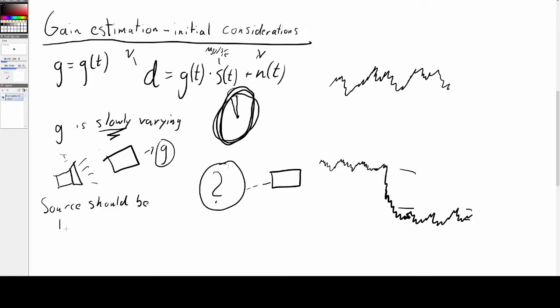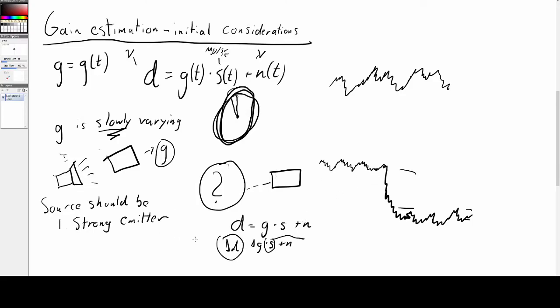So if we have a short little list here of what kind of properties our mystery source should have, the first one is that it should be a strong emitter. Something that is so strong that when we look at the data as G times S plus N, and we have a delta G times S, then we see this change in data as something big, and that must mean, unless this fluctuation is big in itself, that the signal must be very strong.